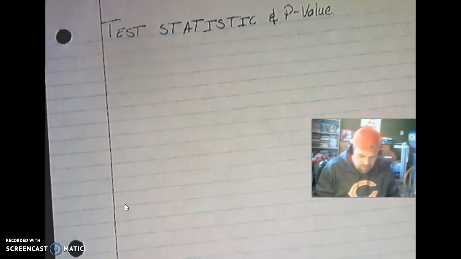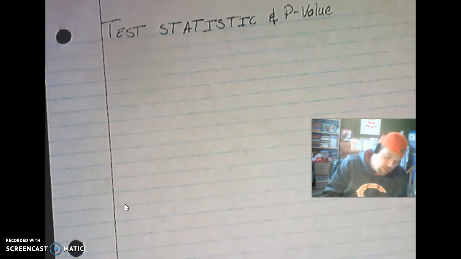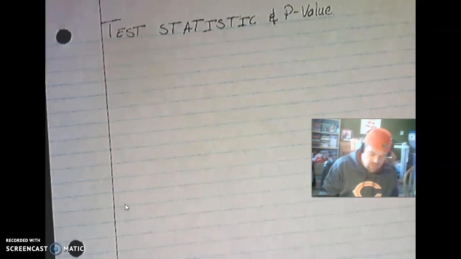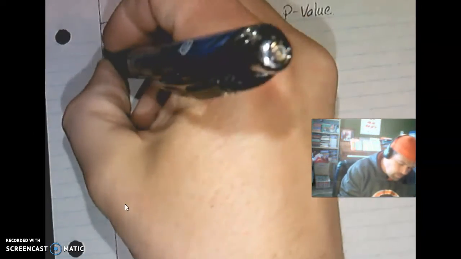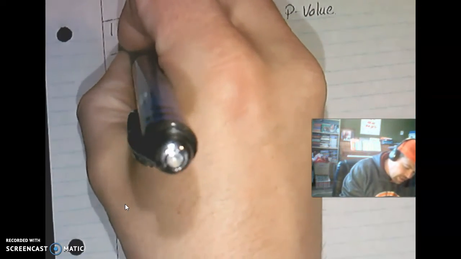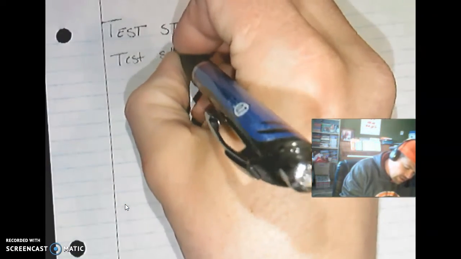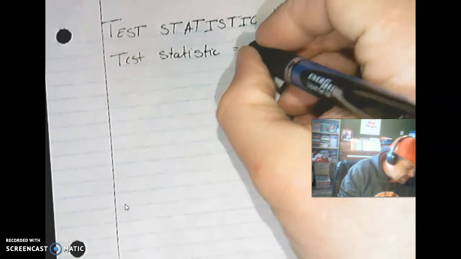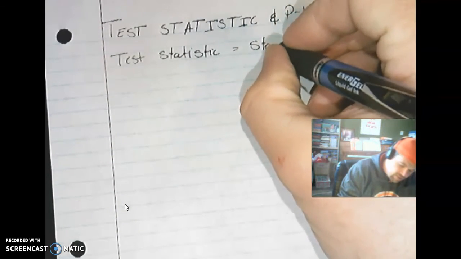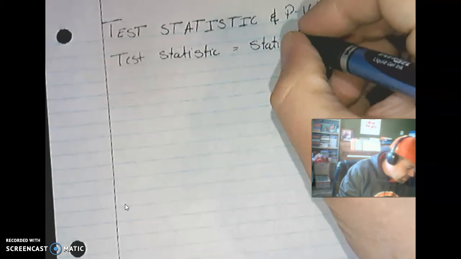What we're looking at right now is a test statistic and p-value. This is a continuation of what we've done in the past. To remind you, we're going to use a test statistic, which is the value we're looking at.